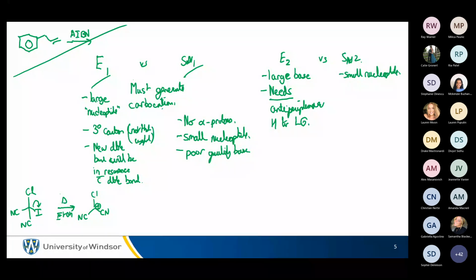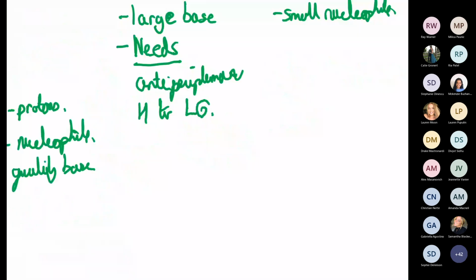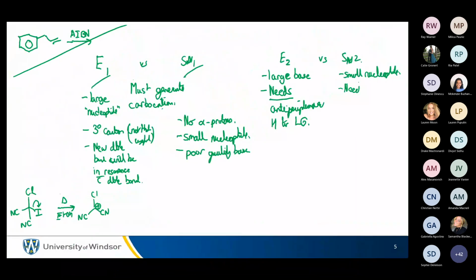Now, in the Sn2, the carbon needs to not be tertiary. If it's tertiary, no Sn2 for you. I'm going to put a small caveat on that.